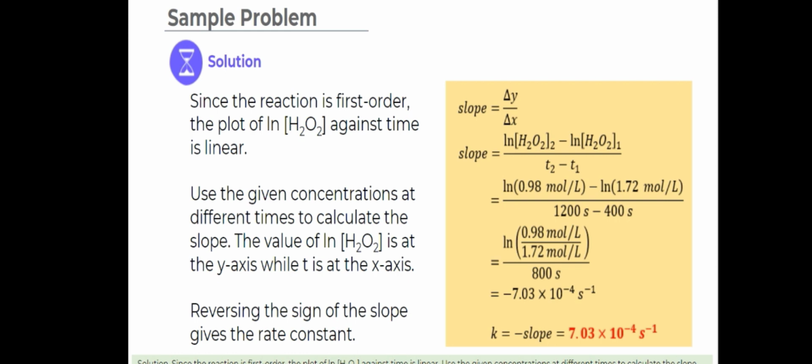The slope equals change in y over change in x, which is equal to negative 7.03 times 10 raised to negative 4 inverse second. Reversing the sign of the slope gives the rate constant. Thus, the rate constant equals 7.03 times 10 raised to negative 4 inverse second.